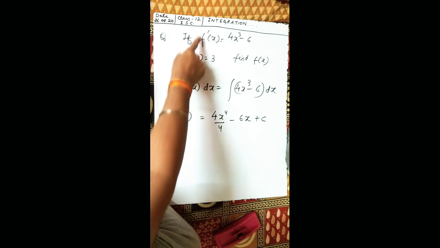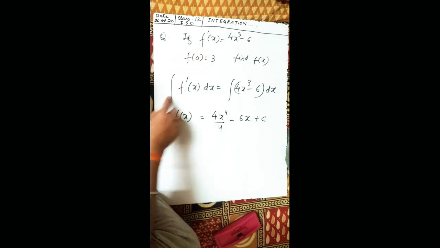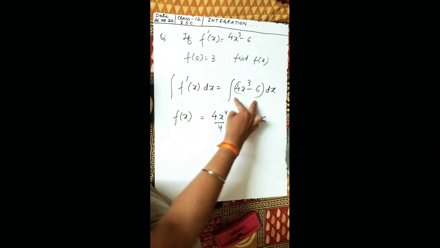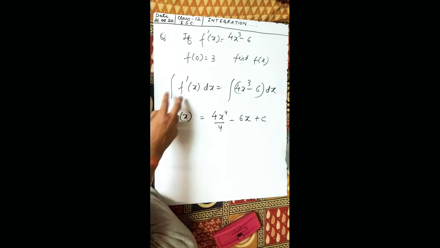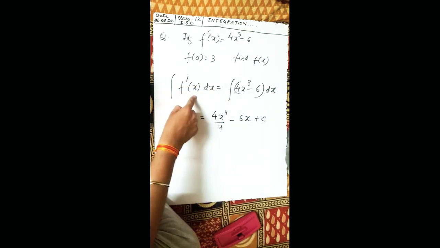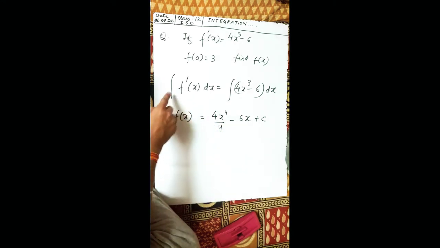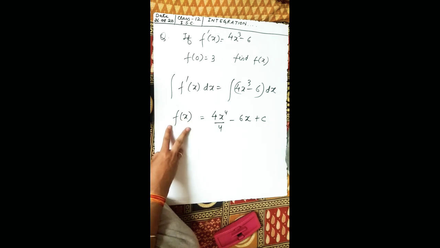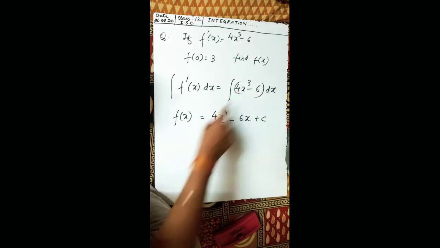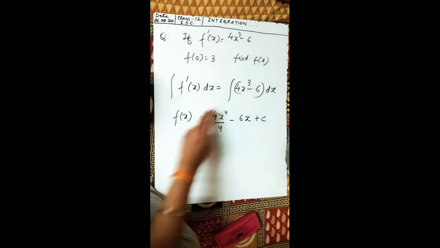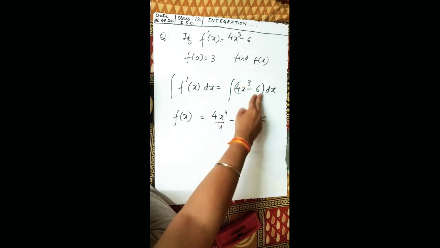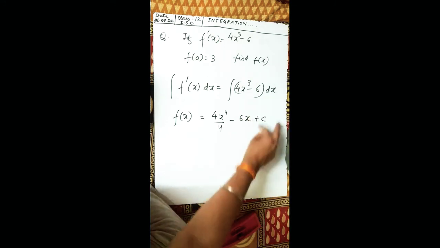As we know f dash x is d/dx of f(x), the integration and differentiation balance and we get f(x). The integration of 4x cube is 4 times x to the power 4 upon 4, minus the integration of 6 which is 6x, plus c.